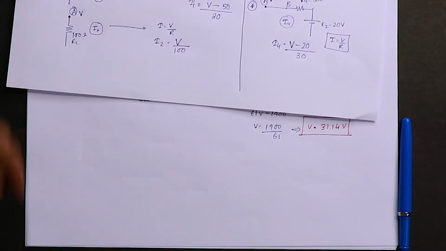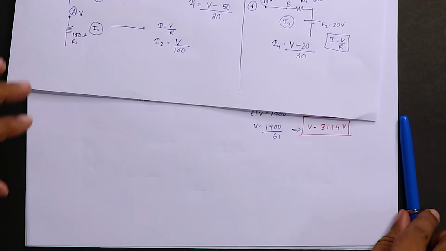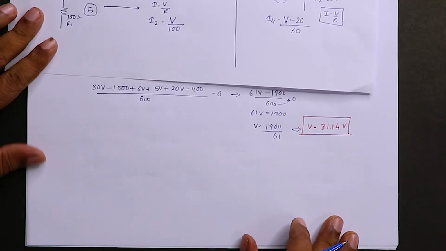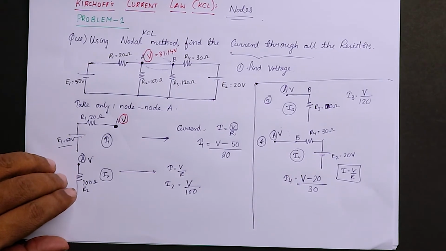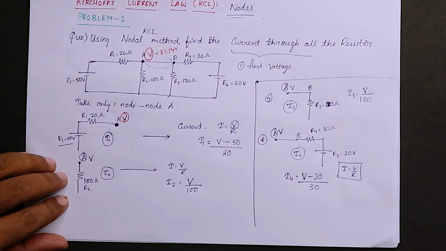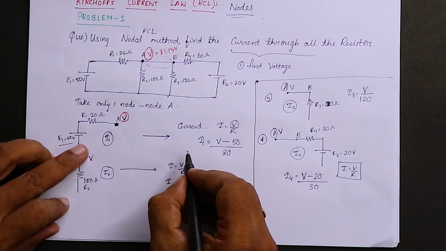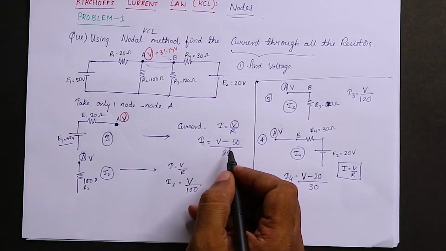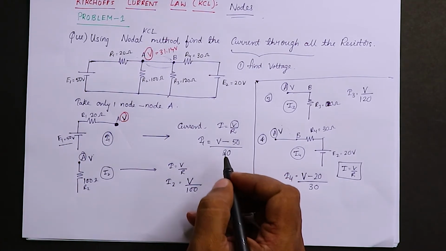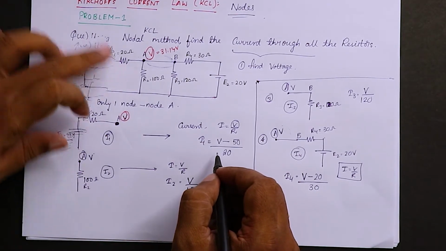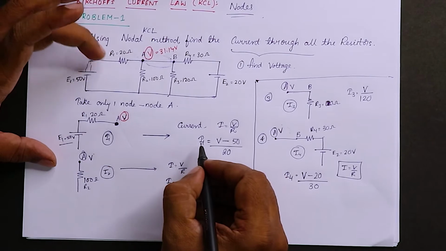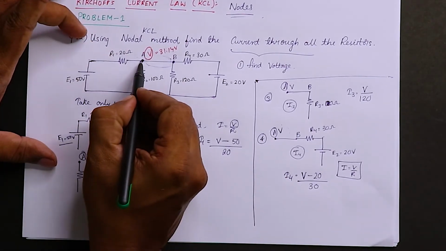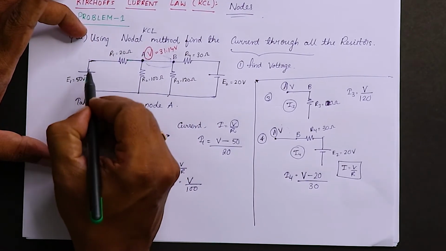Now the main tricky part is that he asked to find the currents in all the resistors. It will be very easy. I'll change the pen. In this resistor, I1 is equal to (V minus 50) by 20, R1. So the current in this resistor, I is equal to V by R, means the current flowing in this branch.